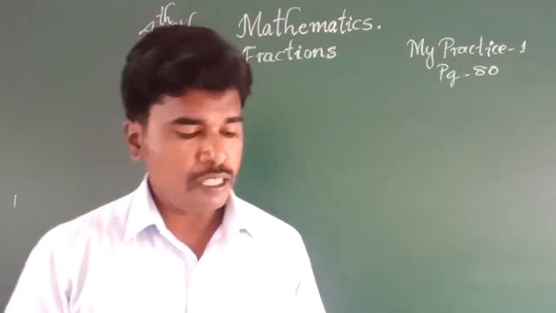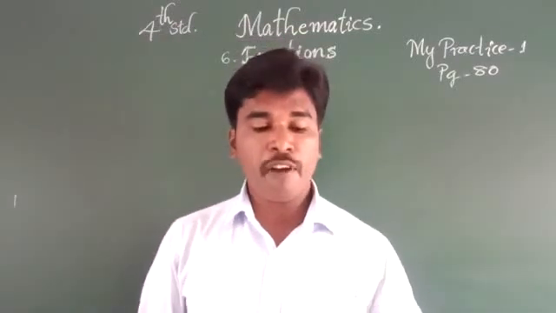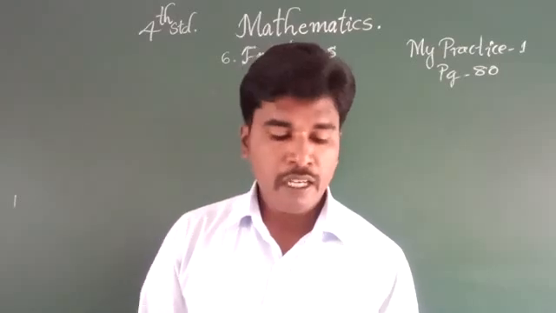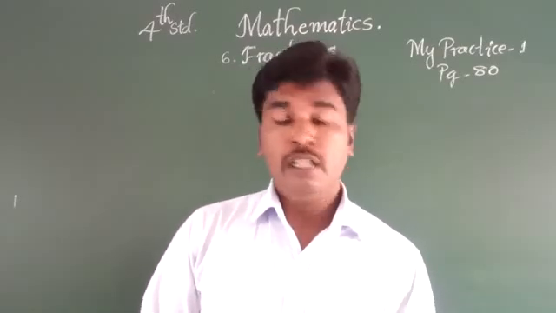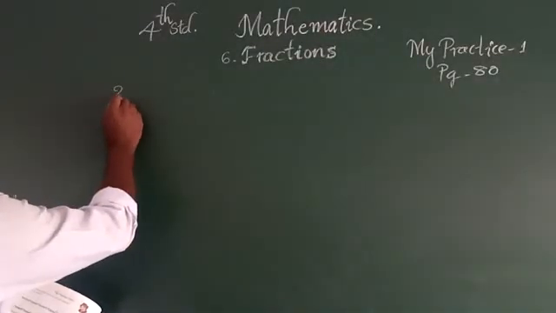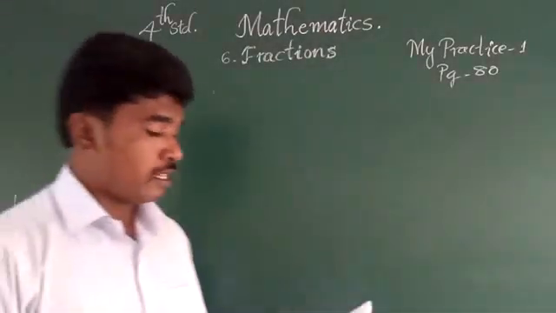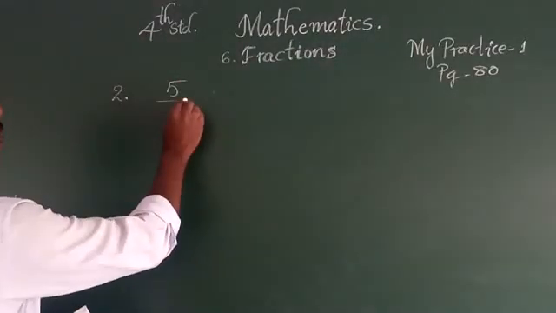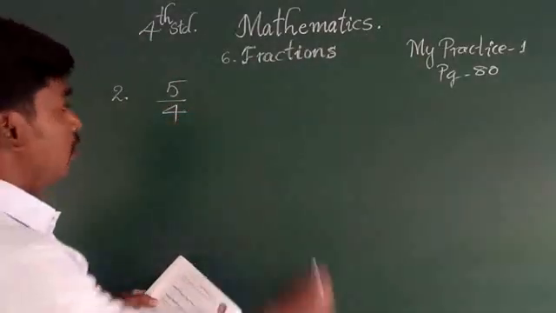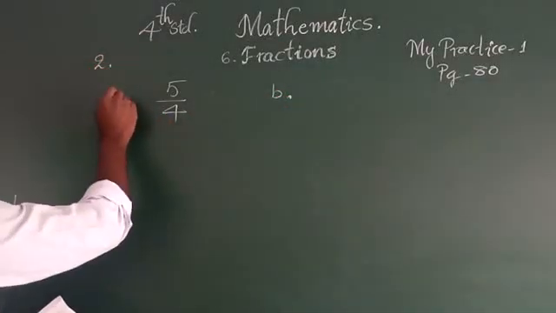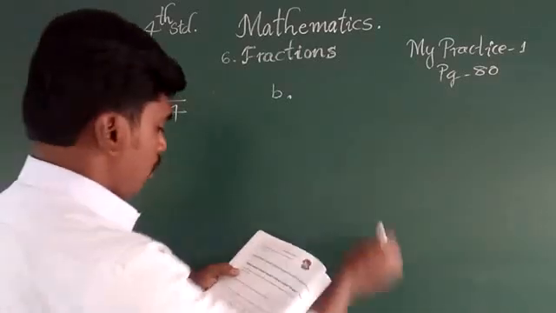The second question is: show the following improper fractions using diagrams and also convert them into mixed numbers. It is the second question in the first exercise. A is 5/4, and B is 5/3.